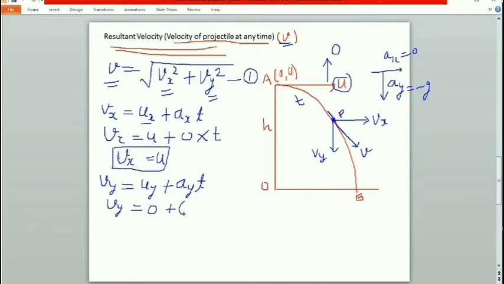And what is the value of ay? That is minus g, and then t. ठीक है, because the direction of this Vy is downward, so we will take it negative. ठीक है, sign convention के according downward direction is always taken as negative. So after simplification Vy equals to gt. हमने दोनों value calculate कर दिया है. यहाँ पर आप देख सकते हैं दोनों component हमने निकाल दिया है, rectangular components Vx and Vy.